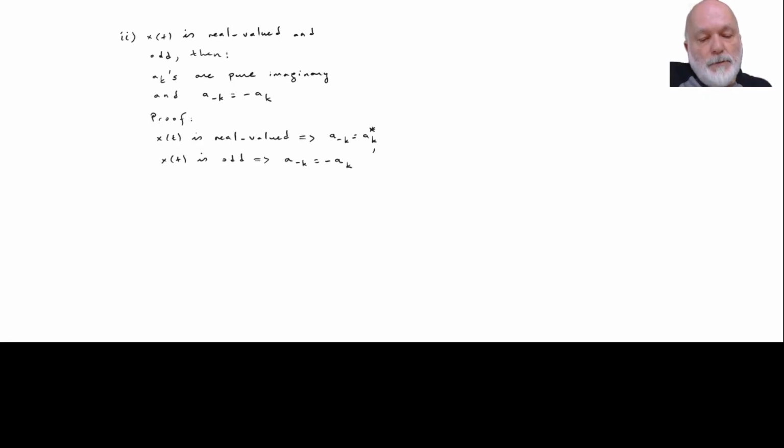Now, when you compare these two, since we have a minus k equal to ak conjugate and a minus k equal to minus ak, this means that ak conjugate is equal to minus ak, and this is only possible if ak is pure imaginary. So from here we see that ak is pure imaginary.